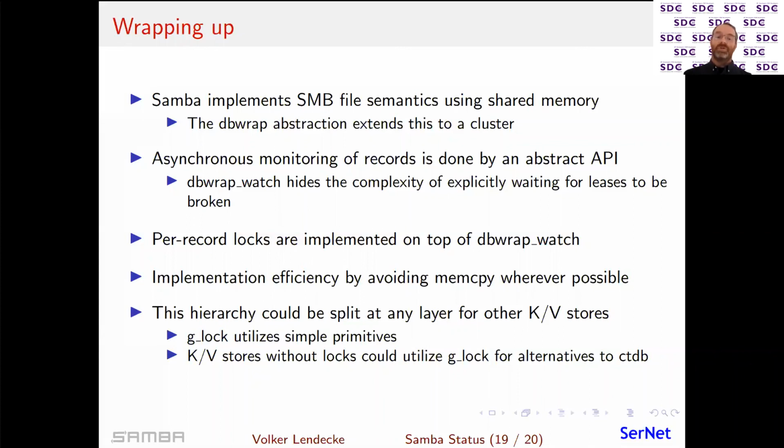You have to implement, of course, some atomic operations that are implemented in glog at this point, but we don't really use global logs across multiple blocking calls from the key value store, in our case TDB. We don't use that anymore. And you can utilize this to implement the Samba logging on top of any key value store with some extended semantics.